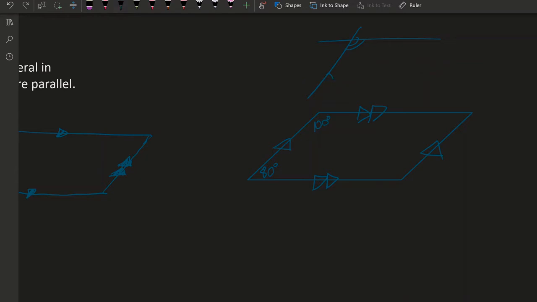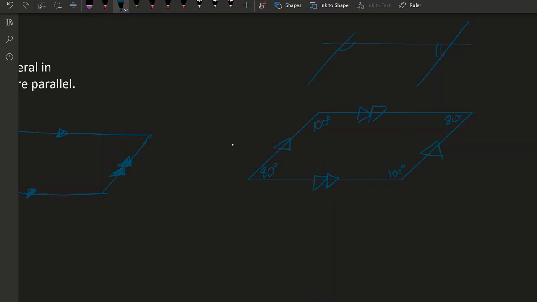Now, I can do the same thing going around the parallelogram. If these two sides are parallel and this is the transversal, this would have to be supplementary to this. So if the upper left angle is 100, then the upper right angle would have to be 80. And using that same logic, the bottom right corner would also have to be 100.